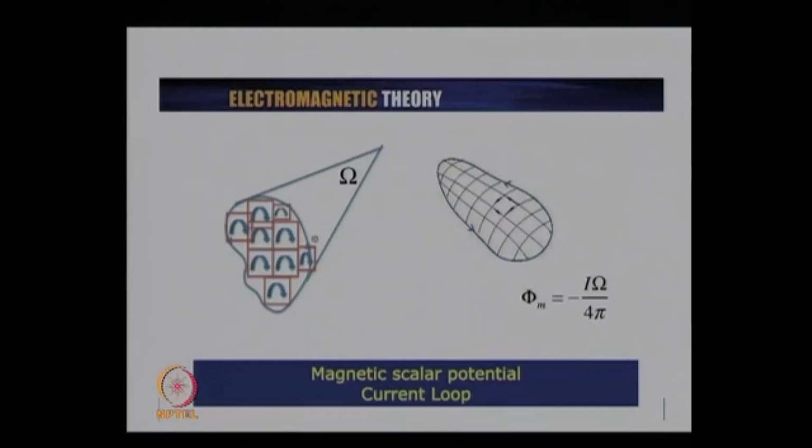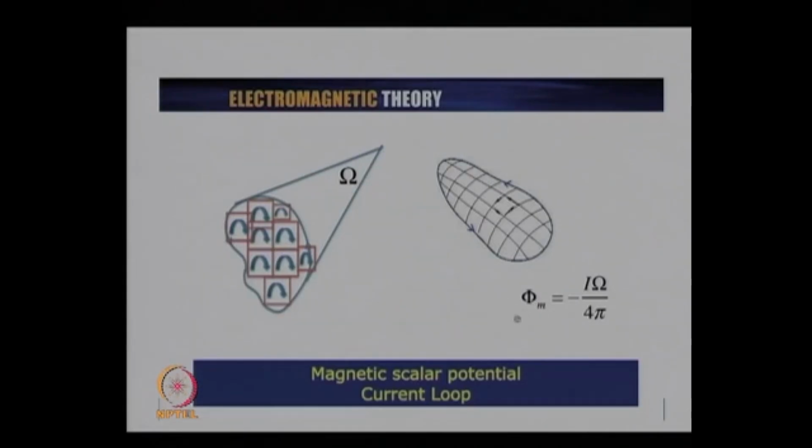So, therefore, the contribution of this entire loop comes from the solid angle that this entire loop makes here, because only the things on the boundary will contribute. And so, keeping in view that my discontinuity is supposed to be minus I, if I go around it once, the solid angle increases by 4 pi.